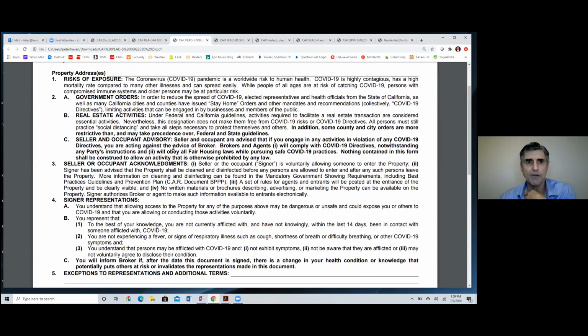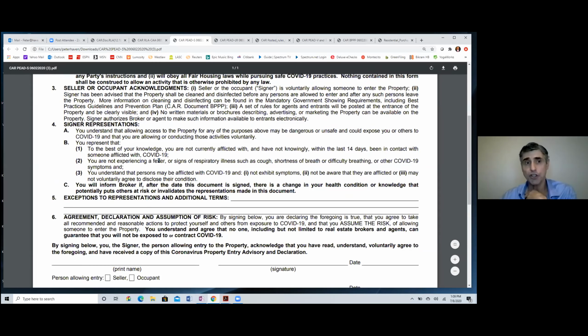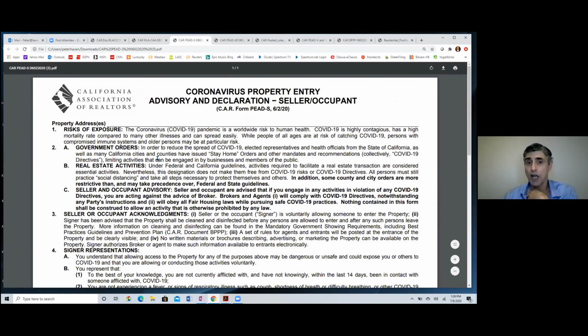It reminds everyone that there's a coronavirus situation, that we're going to do our best to comply with it. It contains certain representations and acknowledgments by the seller. It acknowledges that there's a risk of exposure, which is obvious, but it's expressly stated. It acknowledges that there are government orders, and we're going to talk about government orders in a minute, but these government orders apply.